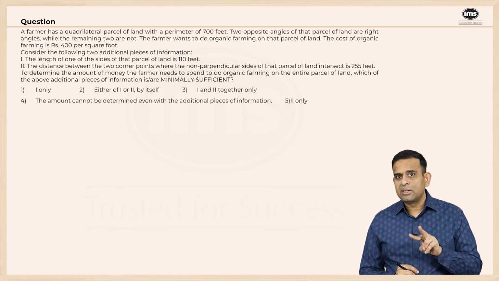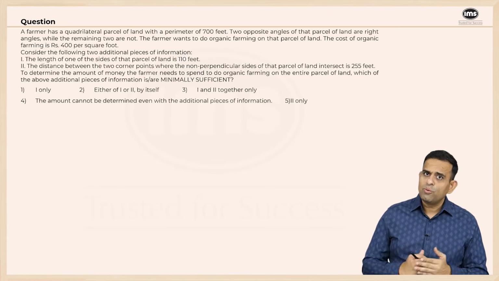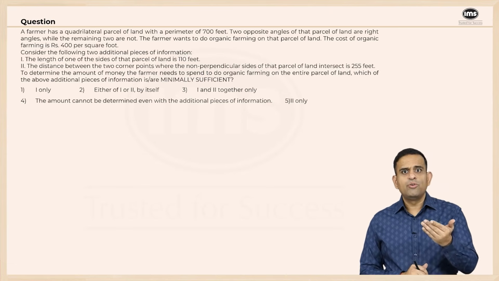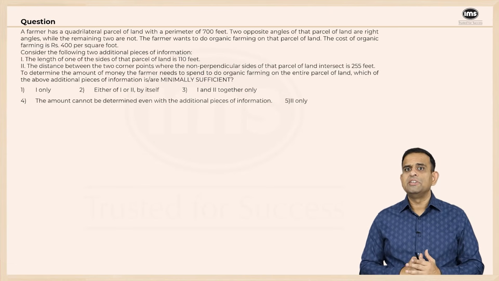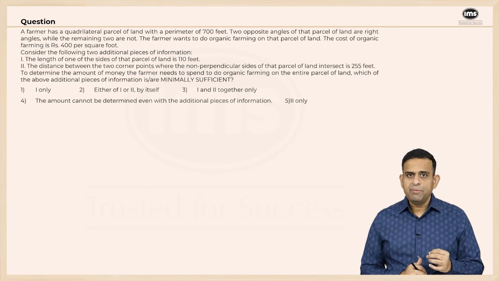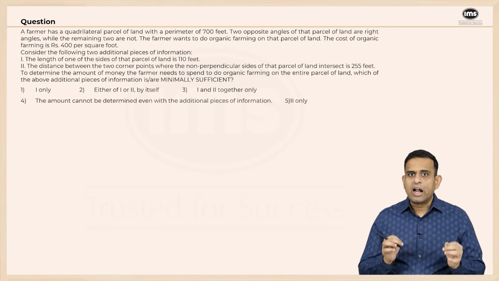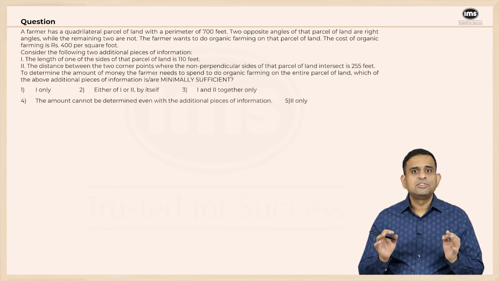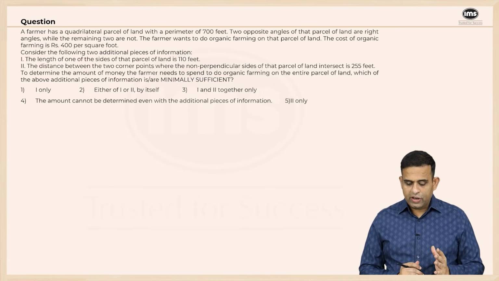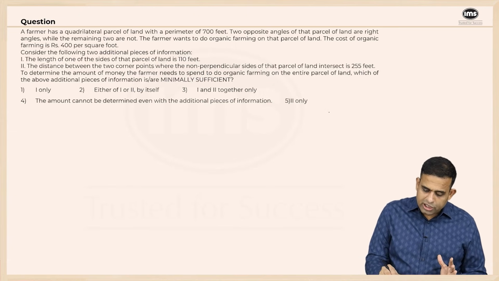At the same time, the sum of the other two angles also will become equal to 180, because the sum of the four angles is 360 degrees. And that simply means if my opposite angles are supplementary in a quadrilateral, that quadrilateral becomes a cyclic quadrilateral. So if I want to draw a rough diagram, let's say to start with, I make a circle first.